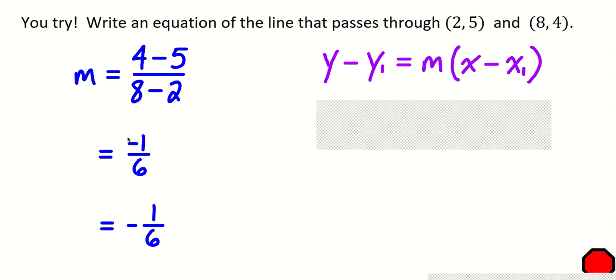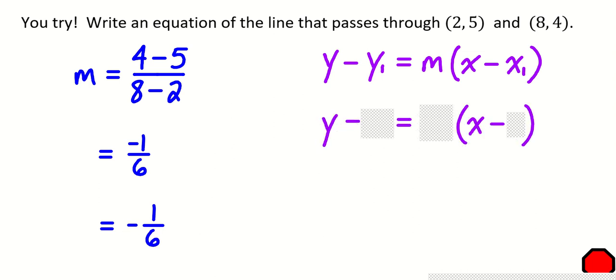Whether we're going down 1 and right 6 versus, if the negative was down here, which it's not the way it happened, you could go up 1 and left 6. It doesn't matter. Either way, the entire fraction is negative. So now I know that we're plugging in negative 1/6 for m.